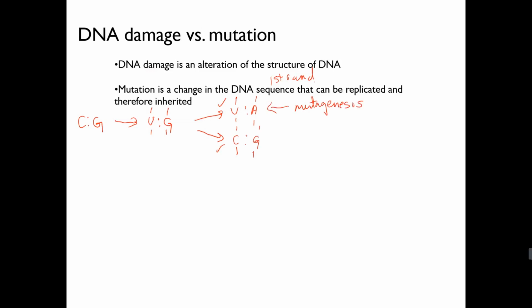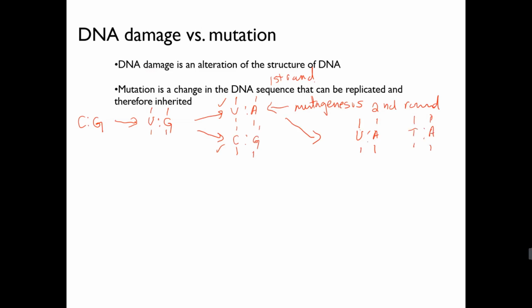And if you follow this through, this one here, through a second round of replication, if we replicate this thing again, we'll get another UA base pair in one of the parental daughter strands, and then we'll also get an AT base pair in the other pair of strands.